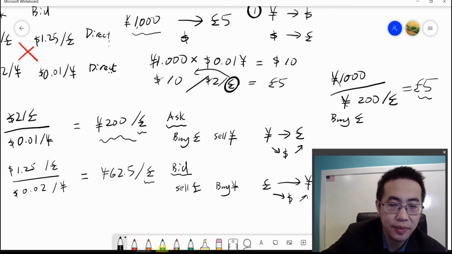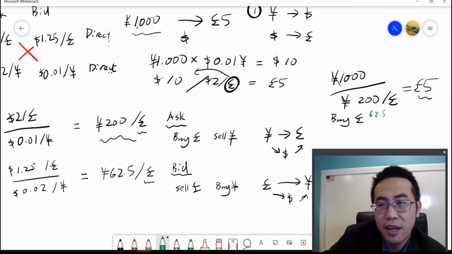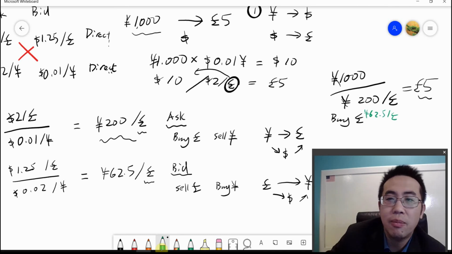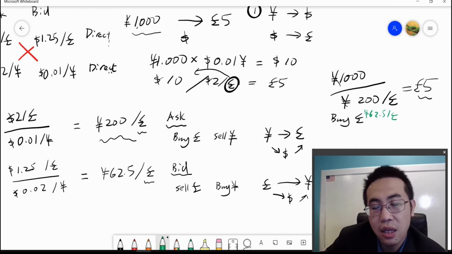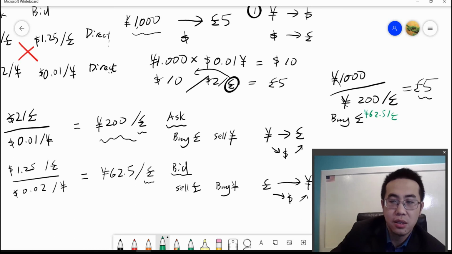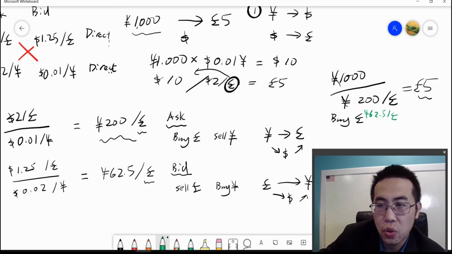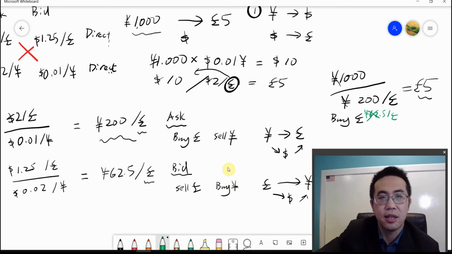If you divide by 62.5 yen per pound, then you would get more pounds. You know that you are always at the bad end of the deal if you do the service with the bank. So just don't divide by 62.5. That's one way to remember things like this.